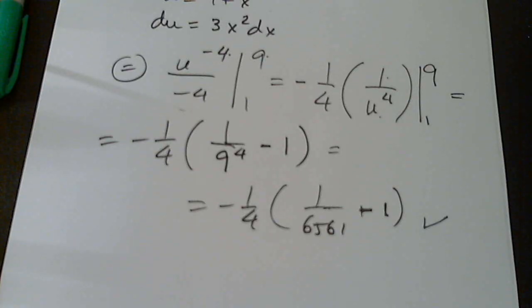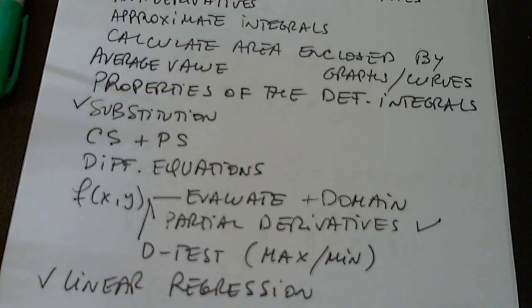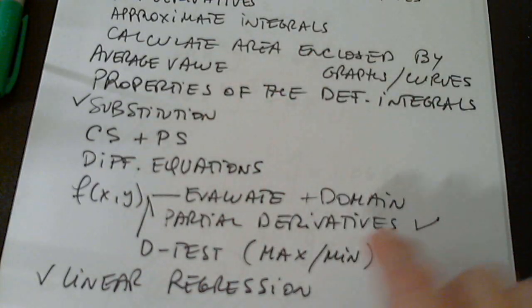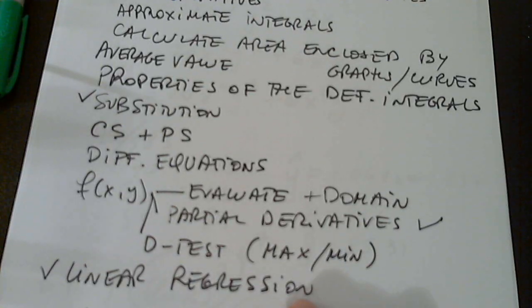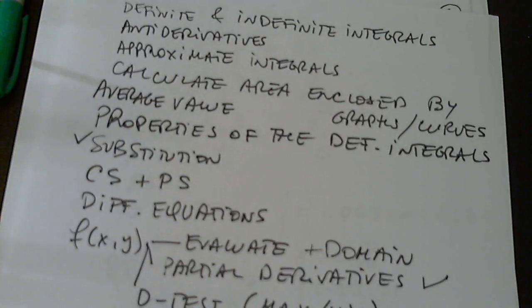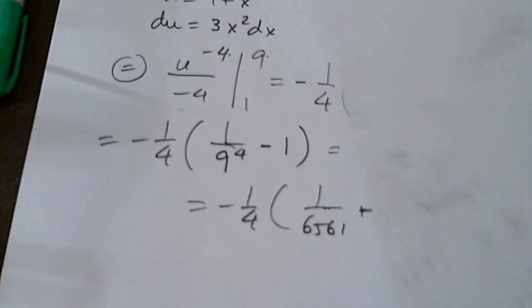If not today, on Tuesday, if you find anything else. Okay. So we looked at substitution, we looked at partial derivatives, an example here, and we looked at the linear regression. Anything else? I'd like to touch up on all topics, and then again on Tuesday. What we should continue with? Can we work on approximating integrals? Yes. Yes, approximating integrals.